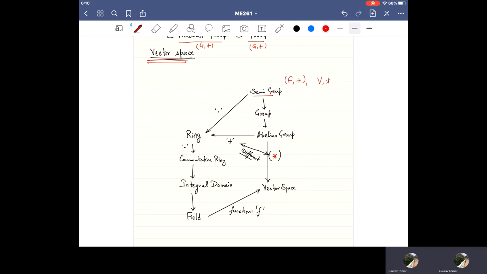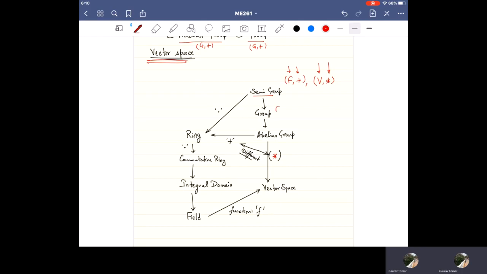Okay, there are two sets. One set is F with respect to plus, a binary operation. Then there is another set V with a special binary operation called star. If they satisfy certain properties, then they can form a group.